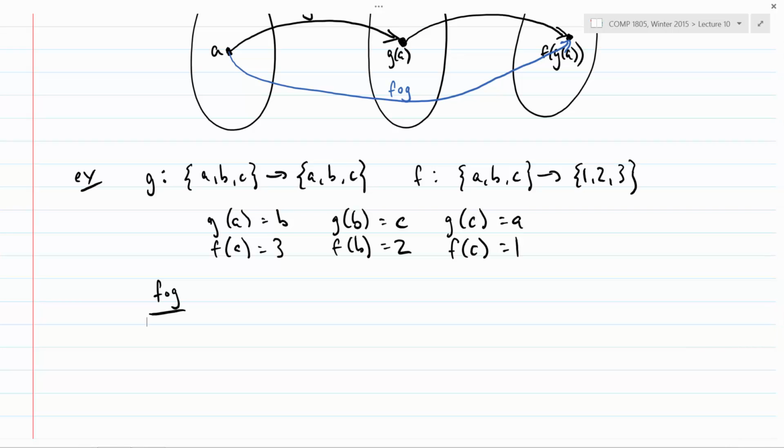So the range of g, which is a, b, c, this thing here, has to be a subset of the domain of f, which is this thing here. So is ABC a subset of ABC? The answer is yes. So it makes sense to ask what the composition f follows g is. So I've determined that yes, there is indeed an answer to this question. Now I have to give it.